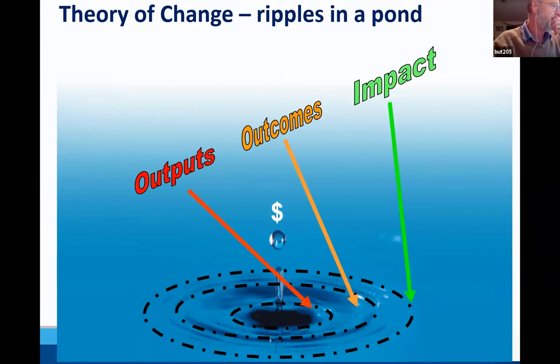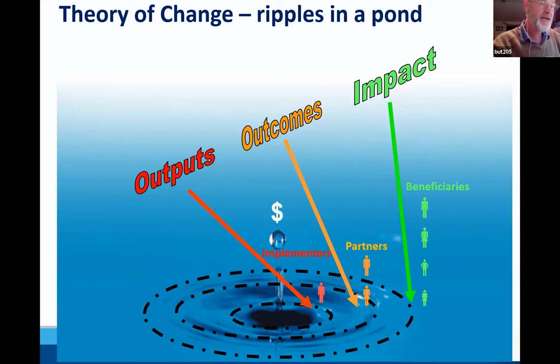And along those ripple effects, you can place a theory of change of what the outputs would be, what the outcomes would be, and what the impacts would be.